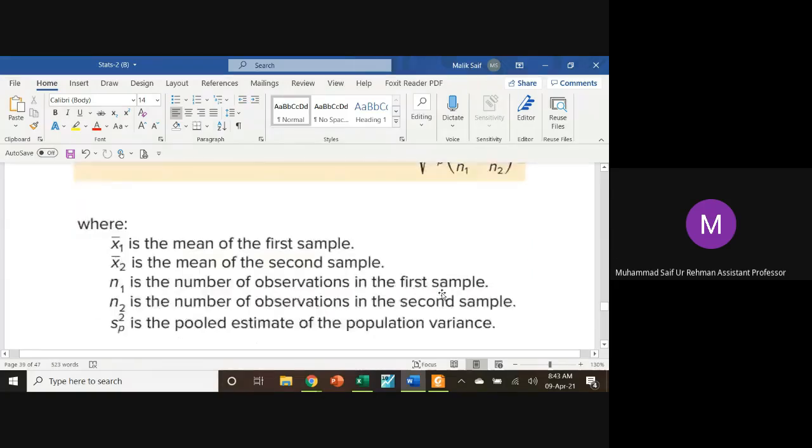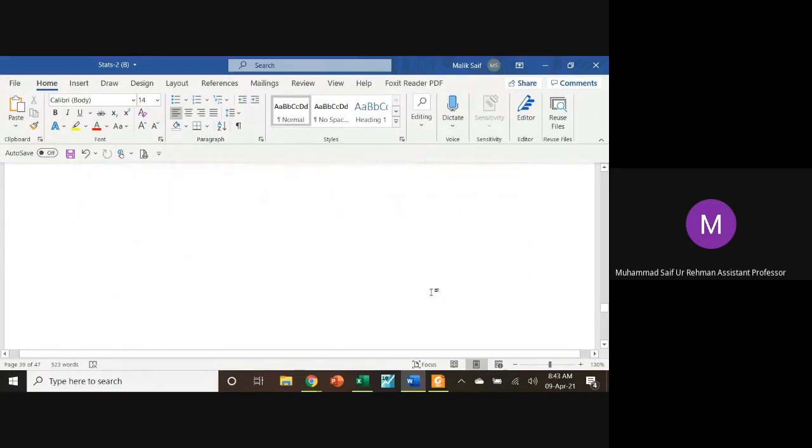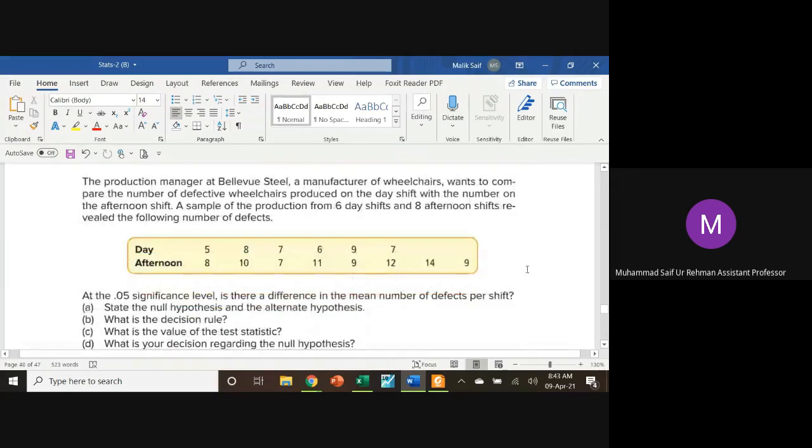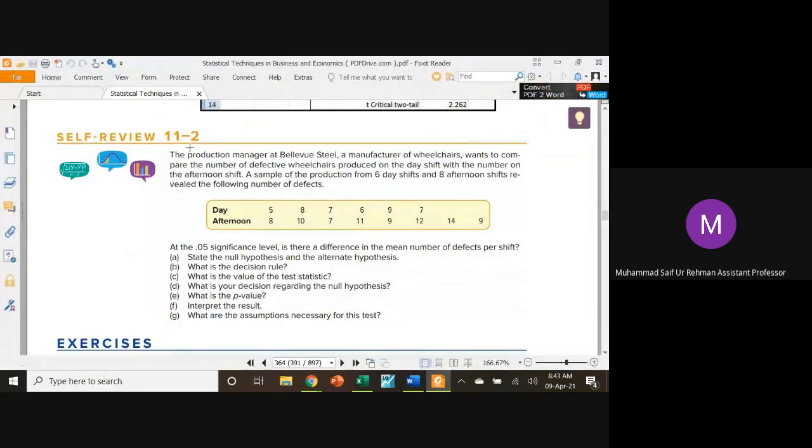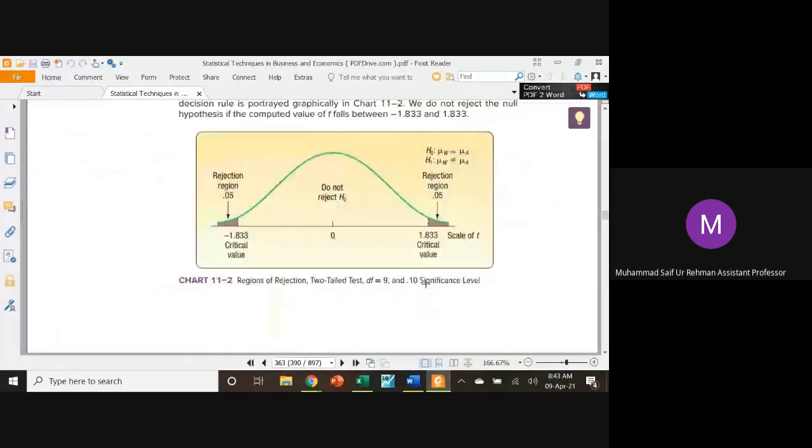Let us solve one example to get further explanation of the concept. The production manager question is basically a self-review question in your book, self-review 11-1. You may solve this example on your own.